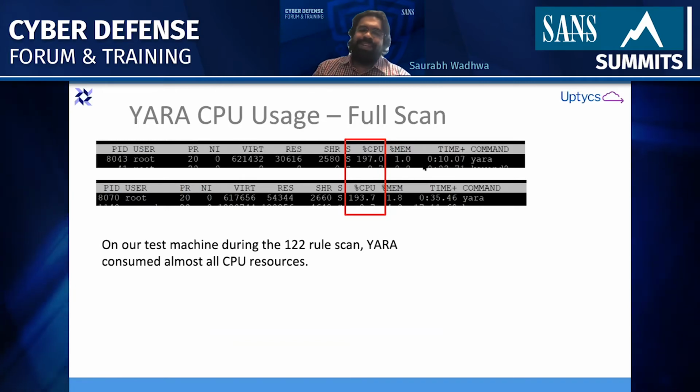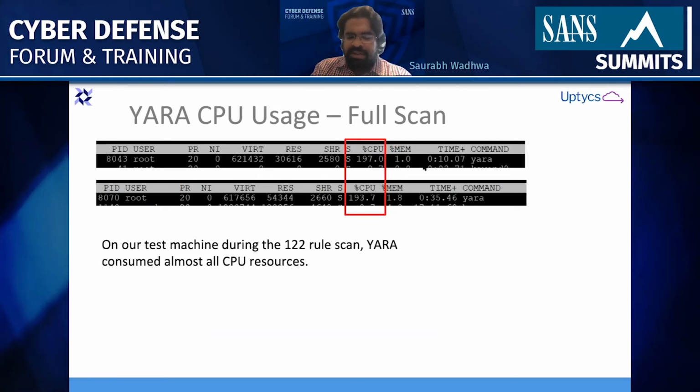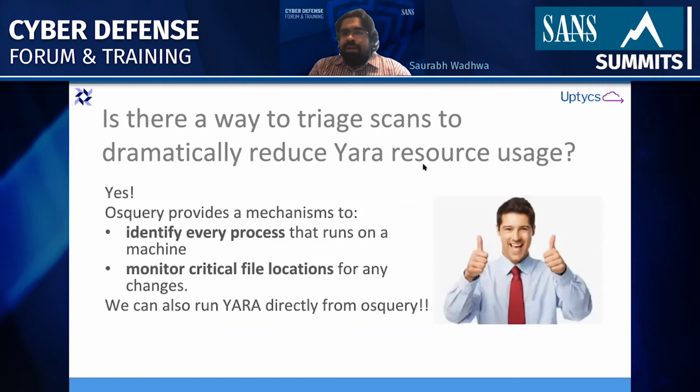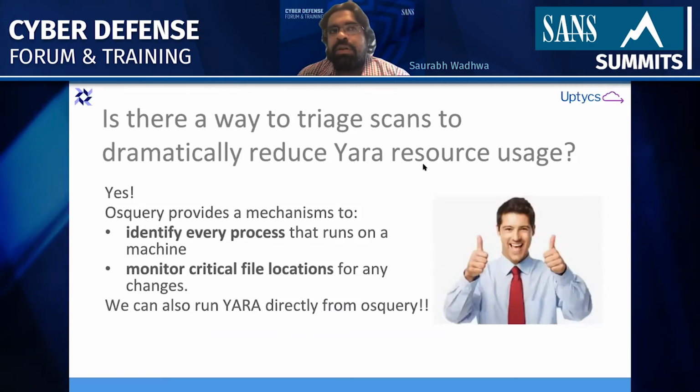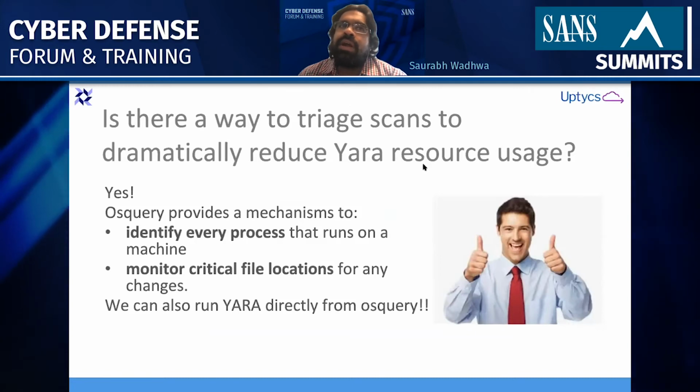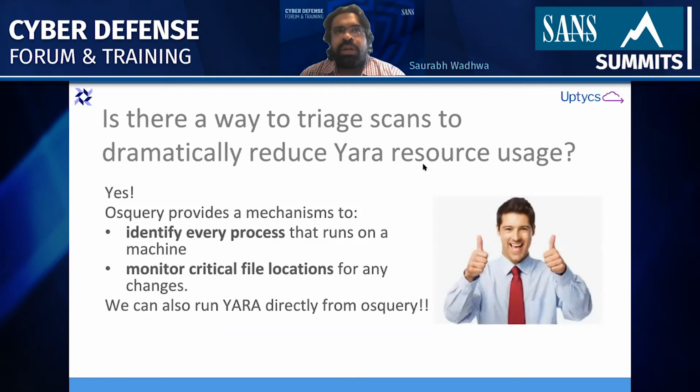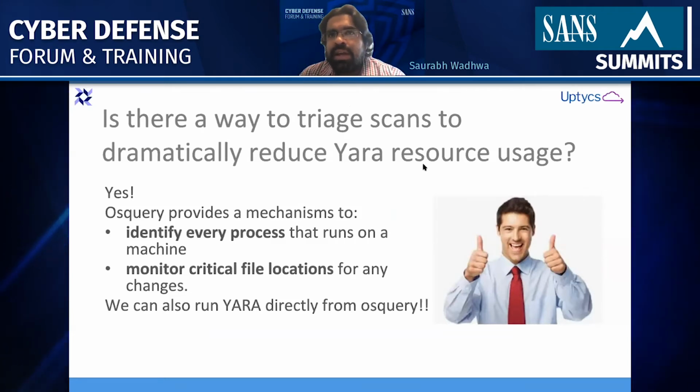It basically consumed all the CPU resources, which is not an ideal scenario. Now the question is, with all these limitations on resource utilization, is YARA still helpful? Does it still make sense to use it for malware research? The answer is yes. And how can we do that?